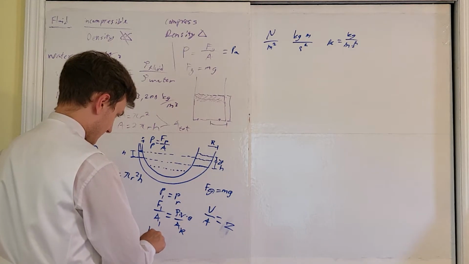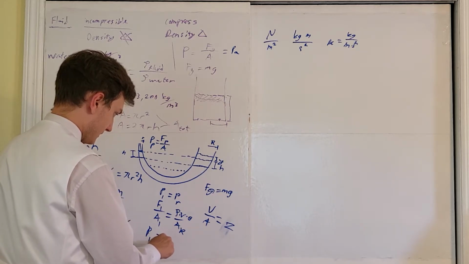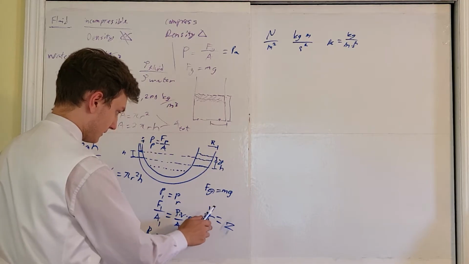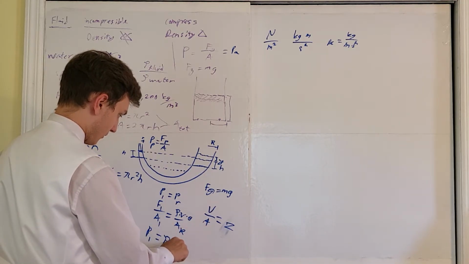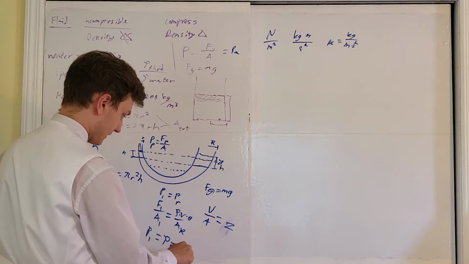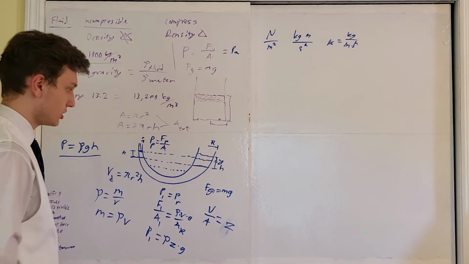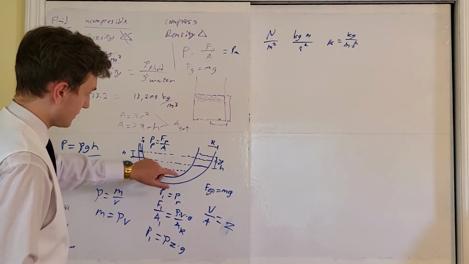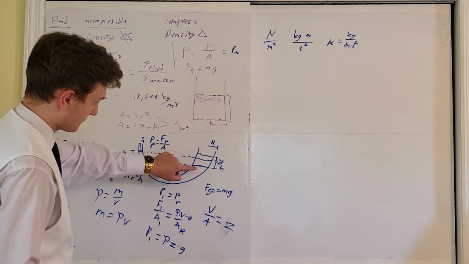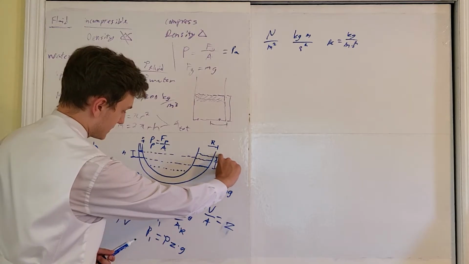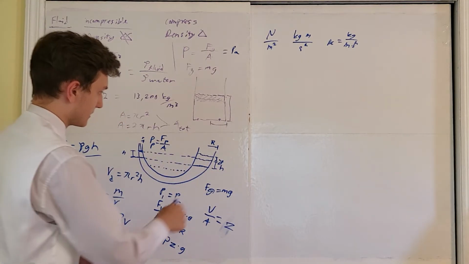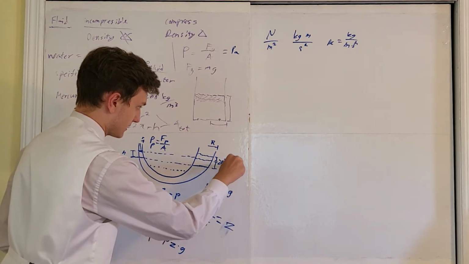So we can say that the pressure on the left is equal to the density of the fluid times our height, z, times the gravitational constant, g. Okay? The pressure applied on the left is equal to the density of the fluid times the distance it is submerged, z, times the gravitational constant, g. This whole distance being z.